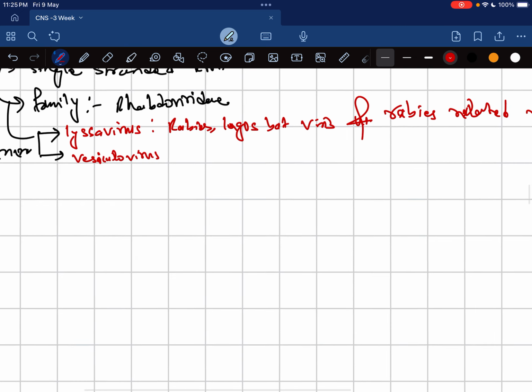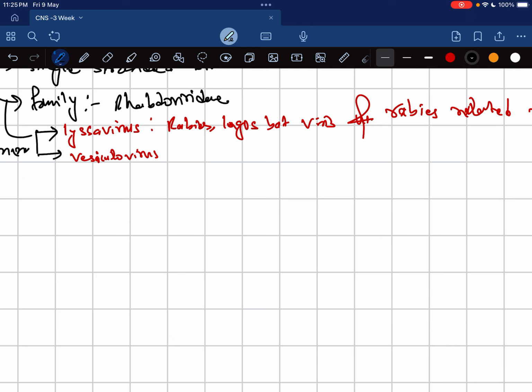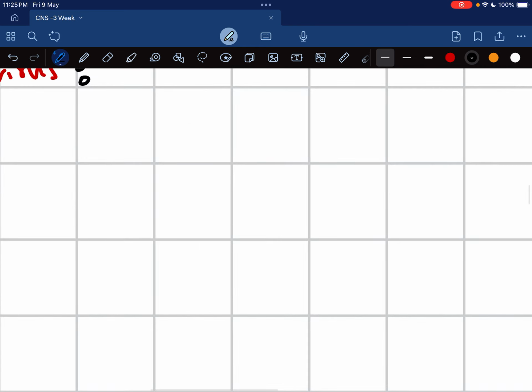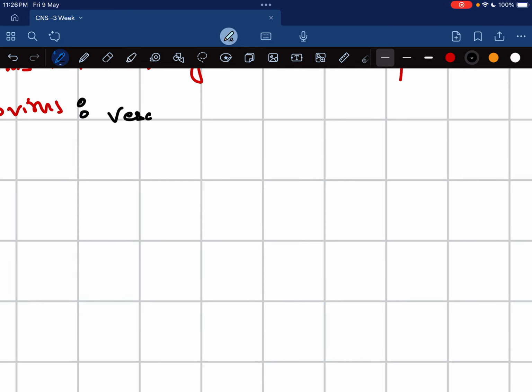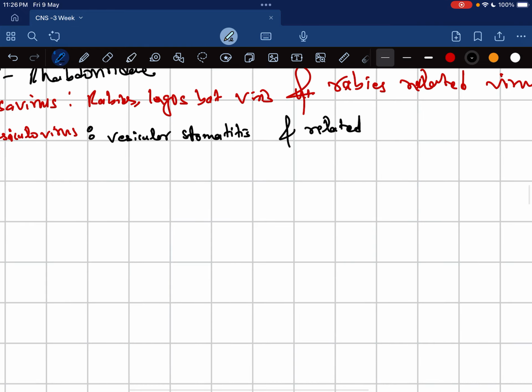When we look at Vesiculovirus, there is vesicular stomatitis virus and related viruses.